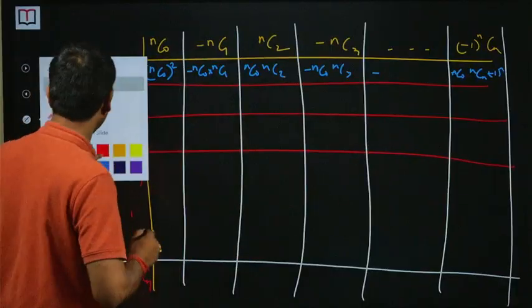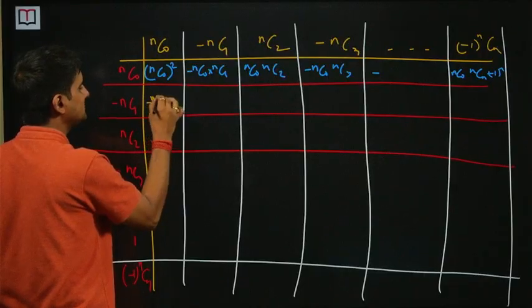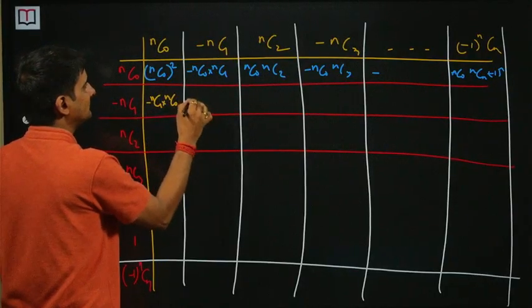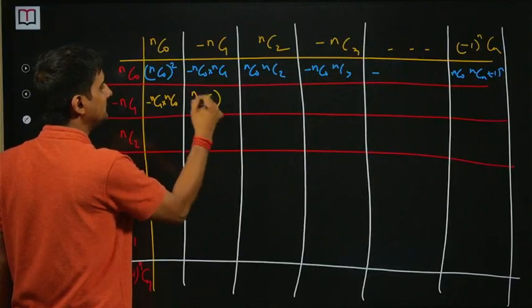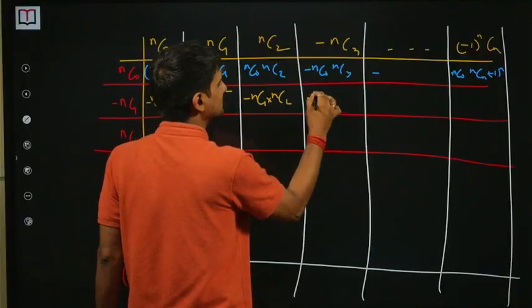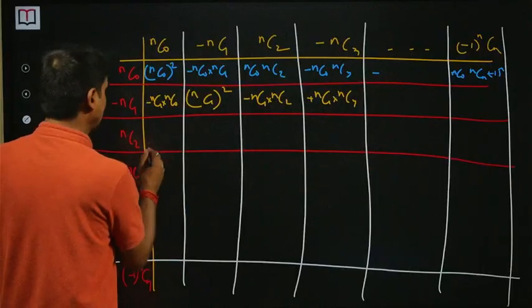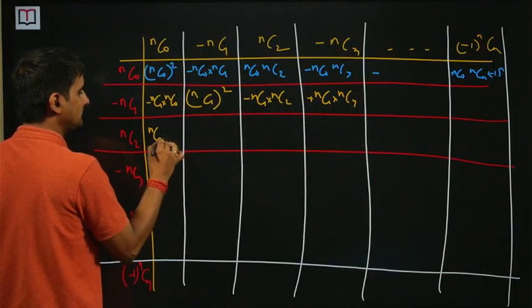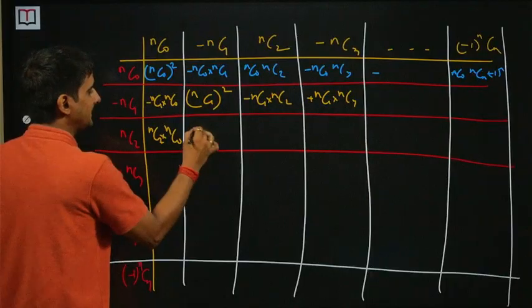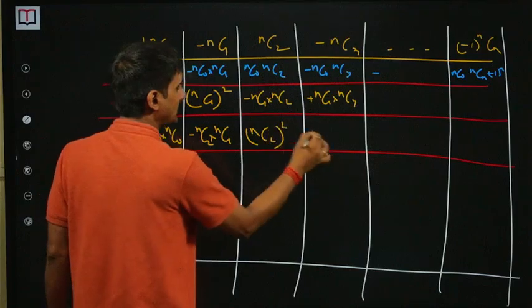Similarly the second row: minus nC1 times nC0, plus nC1 whole square, minus nC1 times nC2, plus nC1 times nC3 and so on. Let me write two more: nC2 times nC0, minus nC2 times nC1, nC2 whole square and so on.